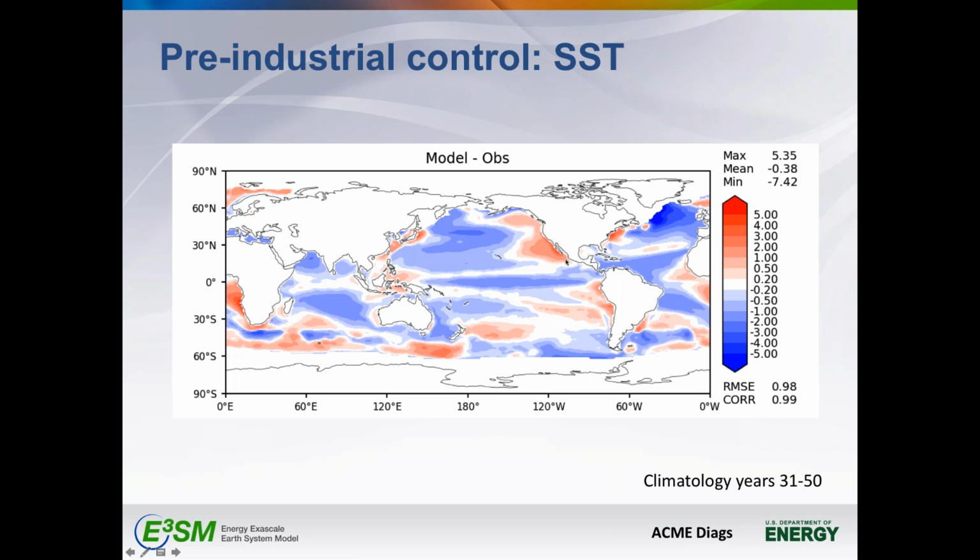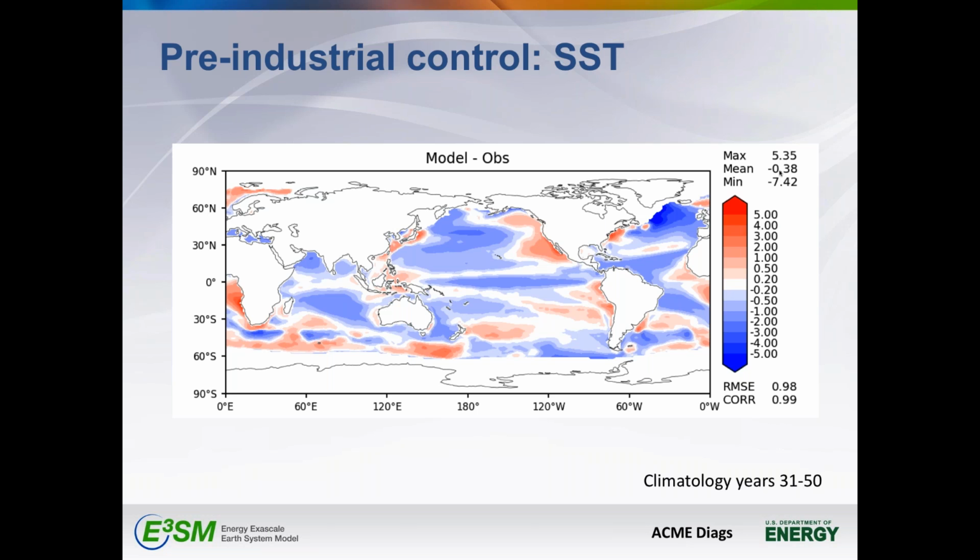What is notable is the mean bias here, minus 0.4. That is, again, a very big improvement compared to what we had before. It's still a little bit cold compared to the Hadley estimate, but it's much better than what we had. We used to be around minus 0.7 or so.